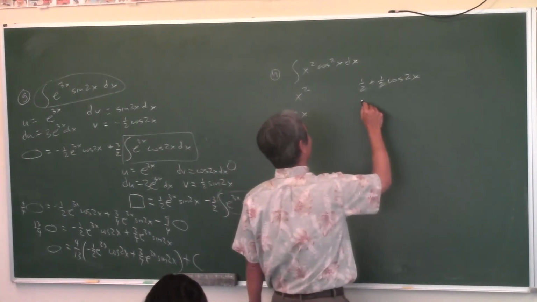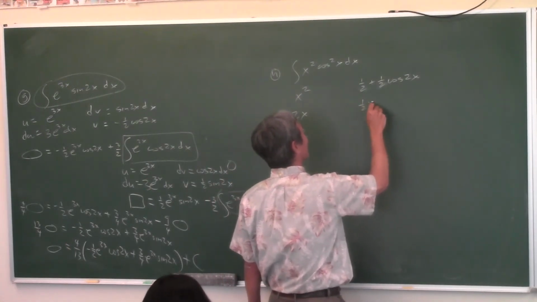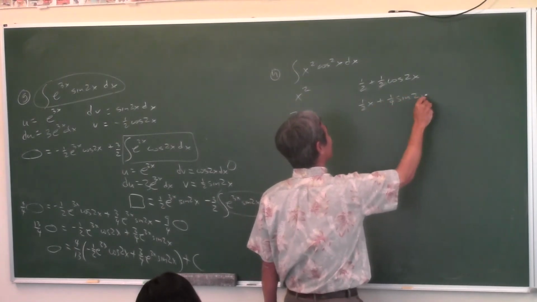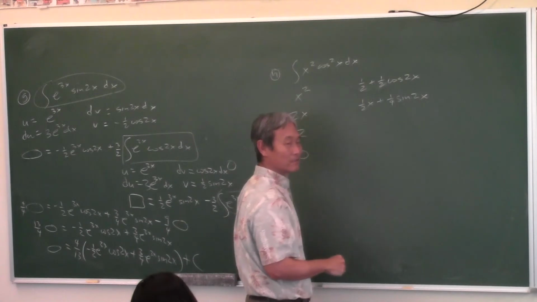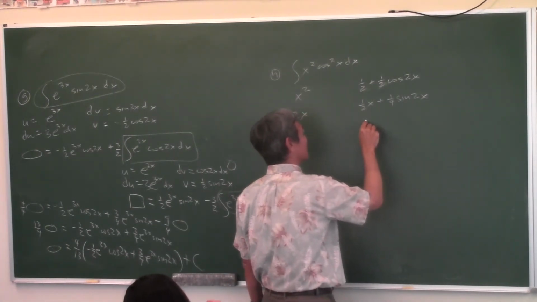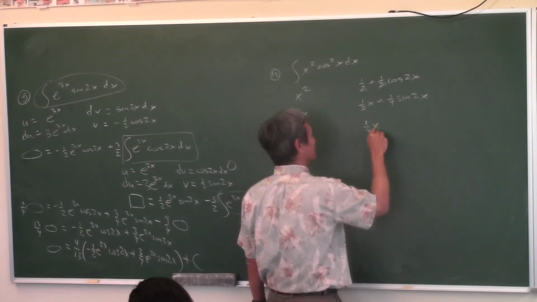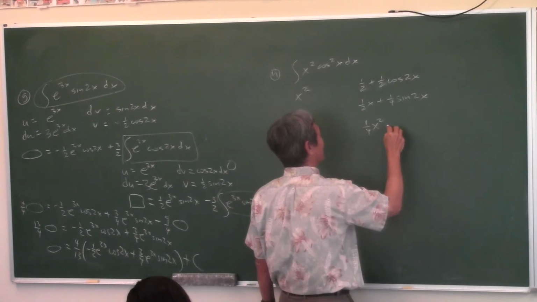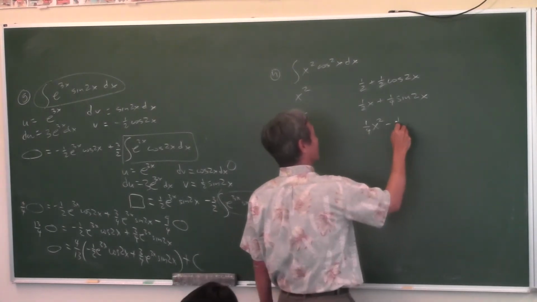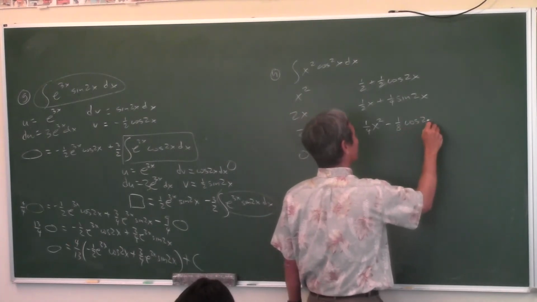So what is that? 1/2 x plus 1/4 sine 2x. Next one. Good. Oh, I'm sorry. 1/4 x squared plus, oh, minus, 1/8 cosine 2x.